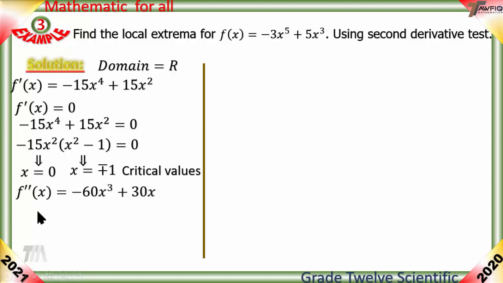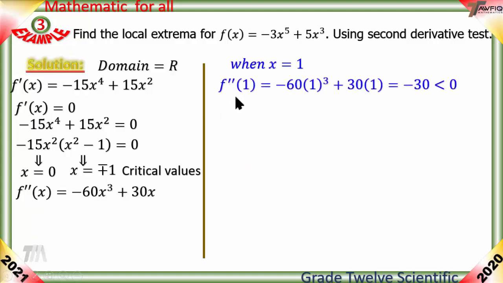Take the second derivative. f''(x) is equal to 4 times 15, which is -60x^3, plus 2 times 15, which is 30x. Now replace x = 1 in f''(x). It becomes f''(1) = -60 times 1 cubed plus 30 times 1, which is -30.